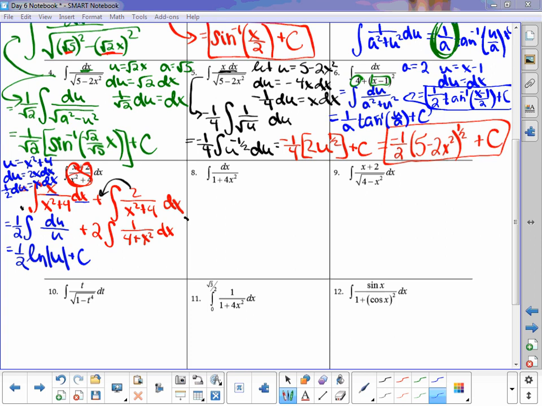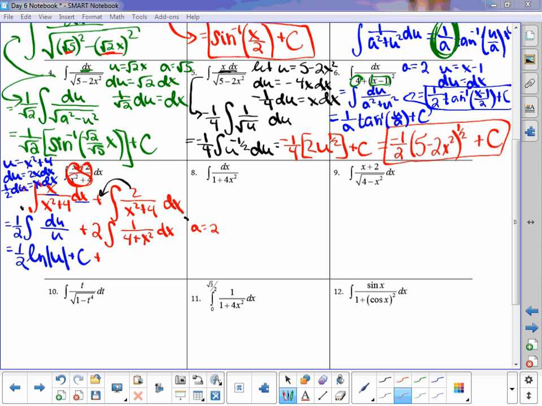All right, now for the red here, let's go and identify our a value and then go from there. So the u in red and the u in blue are different? Correct. I'm actually not going to even do a u sub over here in the red. What's my a value for the red? And since it's nothing more than just x, I don't need to change that to u. It would be the same thing. We just keep rewriting it.